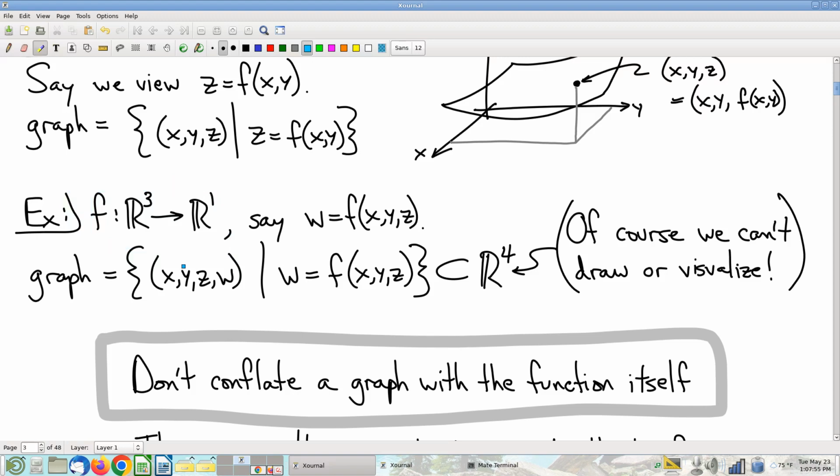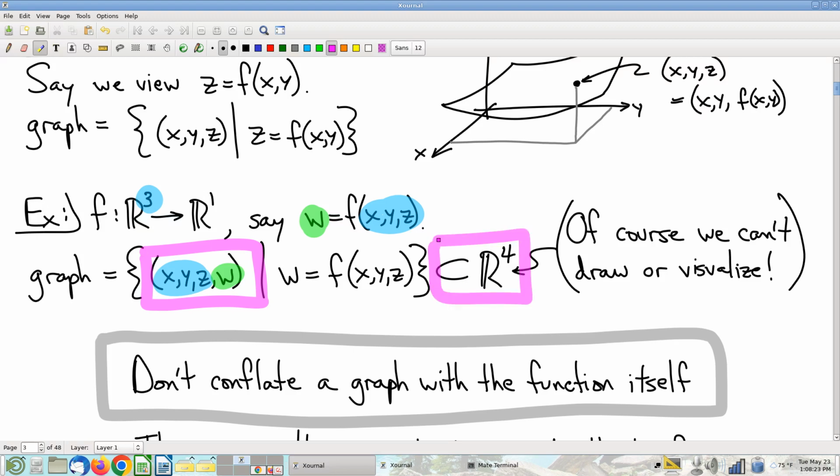But notice, if you're going to talk about a graph of this function, there are 3 inputs and then 1 output, and the graph is going to involve taking the 3 inputs and the 1 output and assembling a bunch of points that have all of those variables, inputs and outputs, as their coordinates. And notice this would be a picture in 4 dimensions because there's 4 coordinates there, and we can't even pretend to do that. This is out of the question. So we cannot draw the graph of this function.